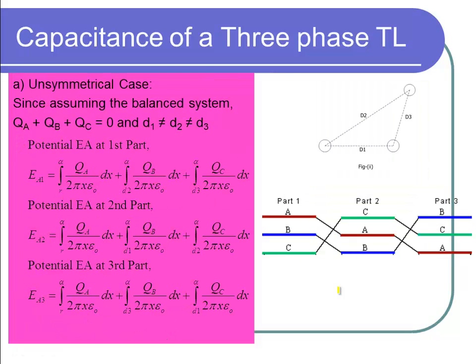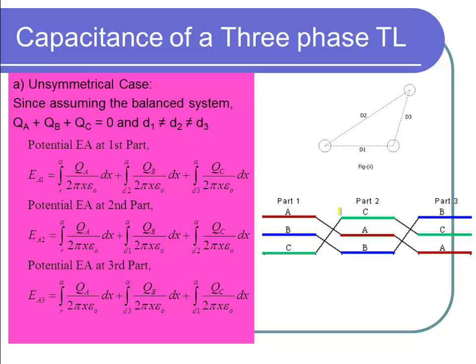So now this is for the symmetrical case, and for the unsymmetrical case we will just move on to this slide. Here we have QA plus QB plus QC equal to 0 obviously, and the distances among the conductors are not the same, so we can't equate all. Since it's an unsymmetrical case, we have to go for transposition of the conductors.